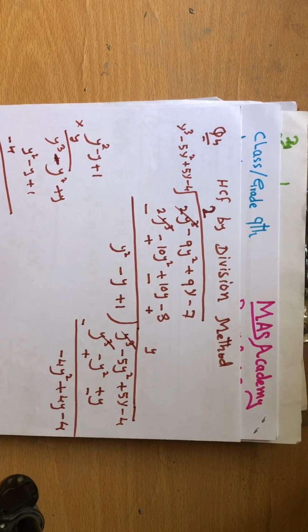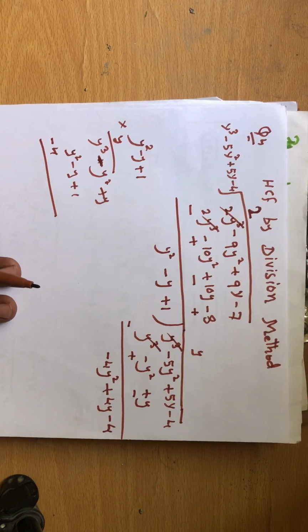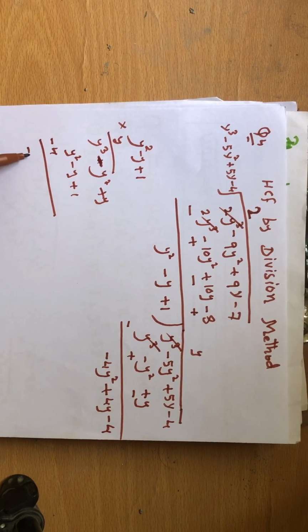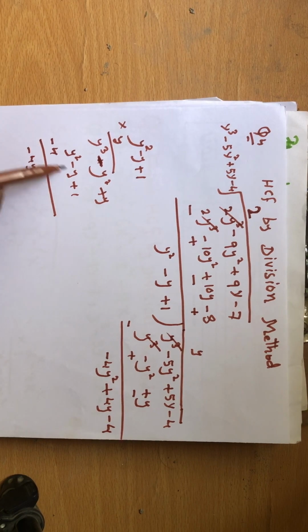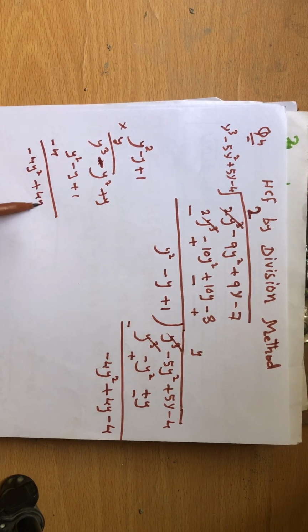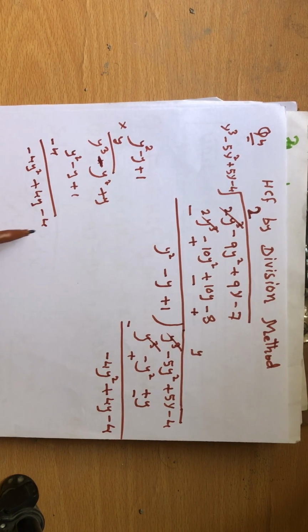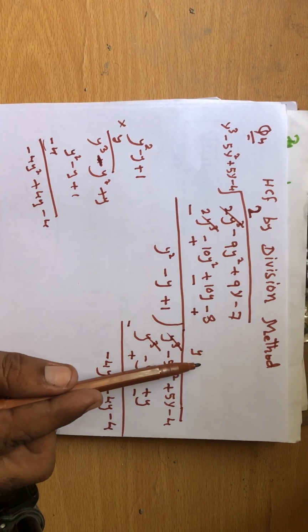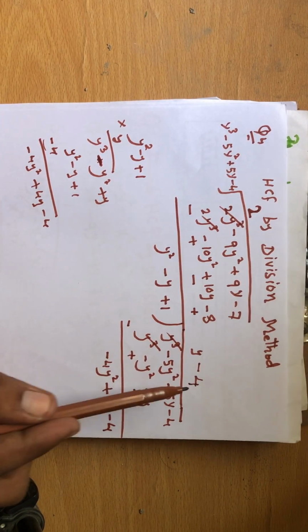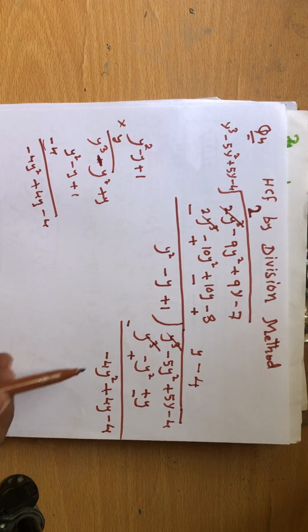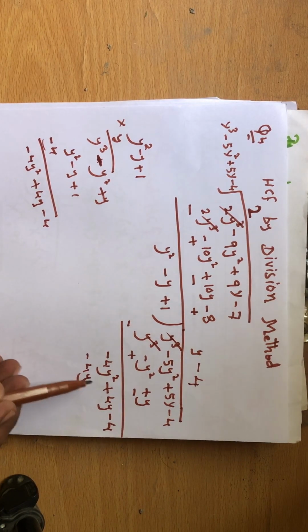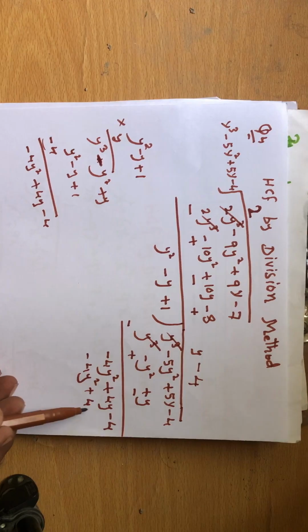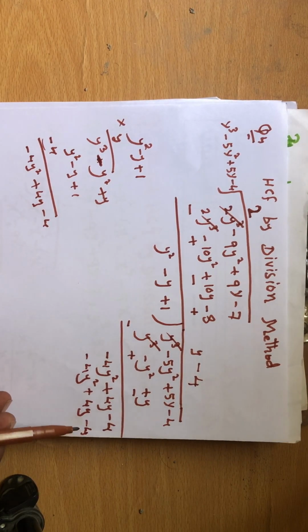Our next quotient is minus 4. After multiplying by minus 4, we get minus 4y square. Minus 4 multiplied by minus y comes plus 4y. Minus 4 multiplied by plus 1 comes minus 4. So it is written. Now we write minus 4y square plus 4y minus 4.